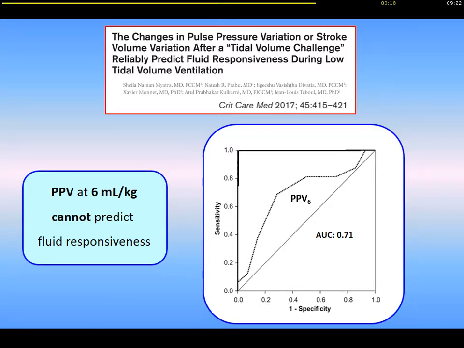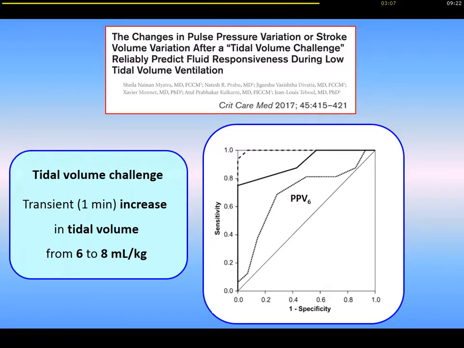We confirmed that at 6 ml per kilogram, PPV was not good, and the area under the curve was 0.71. When we increased tidal volume for 1 minute, and we measured PPV, the value of PPV at 8 was better than the value of PPV at 6.